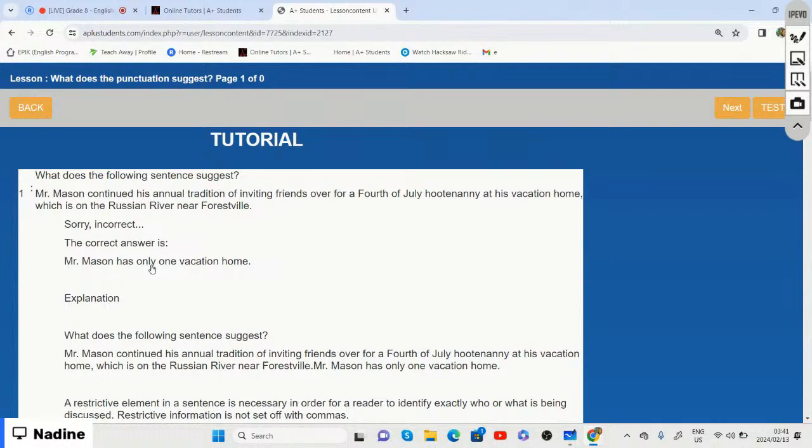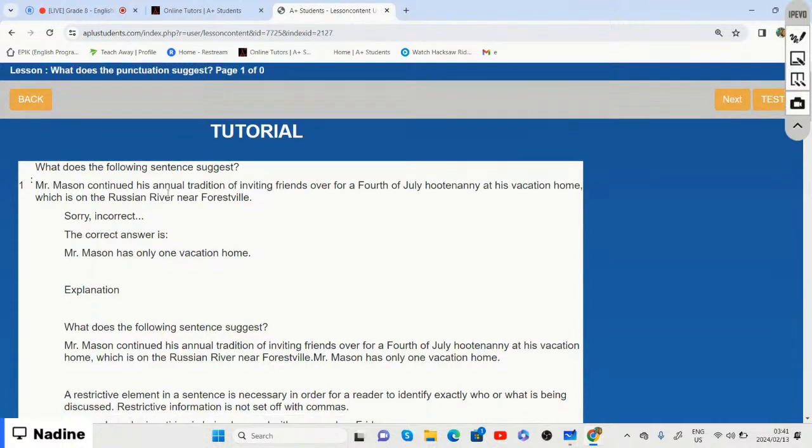So you don't need to put commas to identify who or what is being discussed. It is important in order for a reader to identify exactly who or what is being discussed.